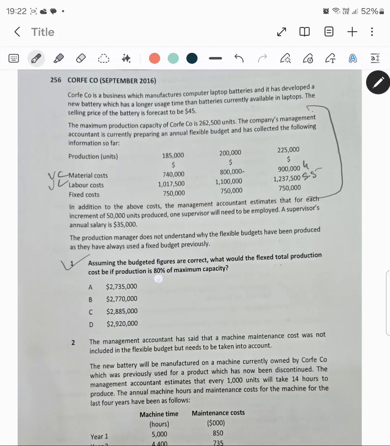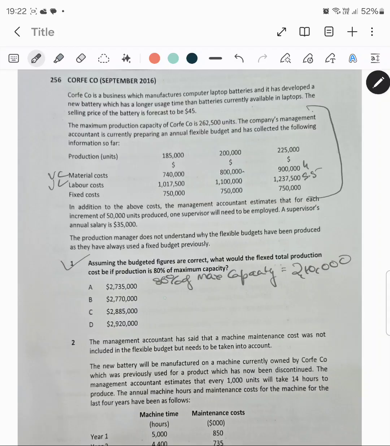Now 80% of maximum capacity. What was my maximum capacity? It was 2,62,500, multiplied by 80%, it will give me 2,10,000.